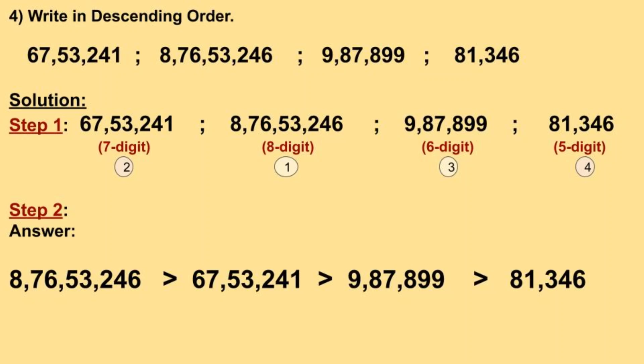So, in step 2, we can write the answer: 8 crore 76 lakh 53,246 is greater than 67 lakh 53,241, that is greater than 9 lakh 87,899, which is greater than 81,346. Hence we find the answer. Children, we have to mention this greater than symbol while writing the answer.